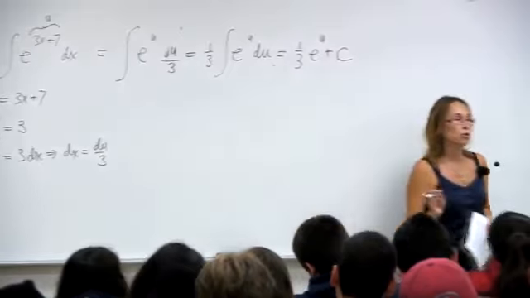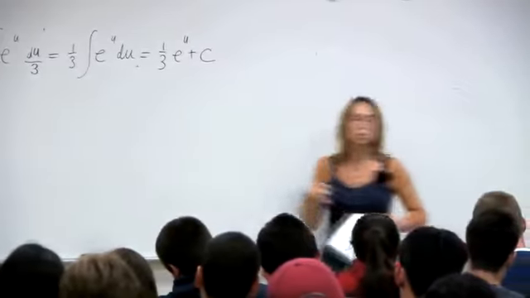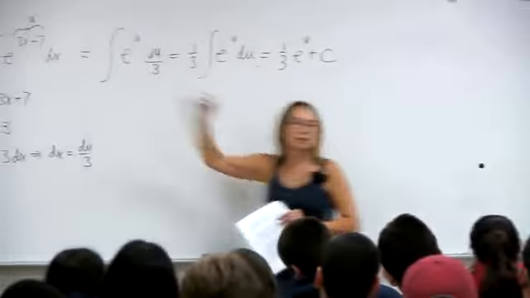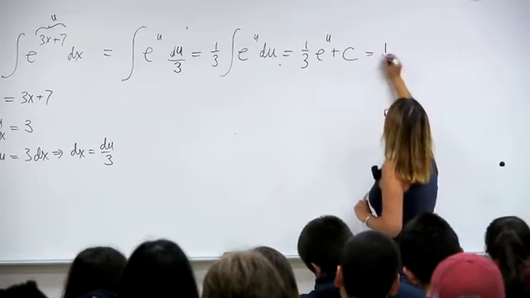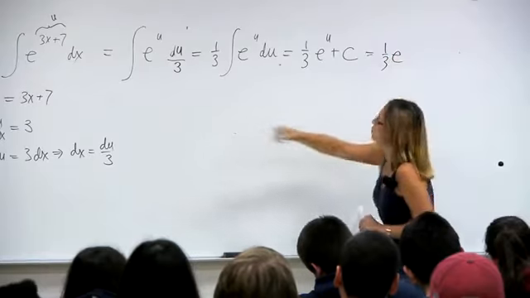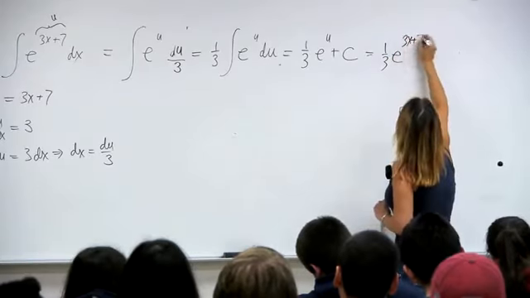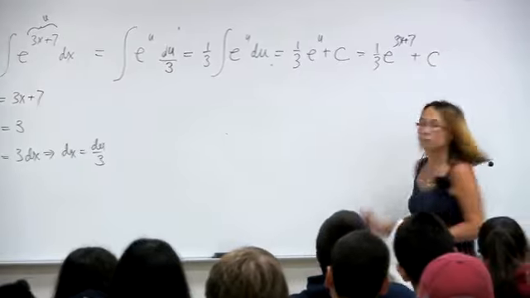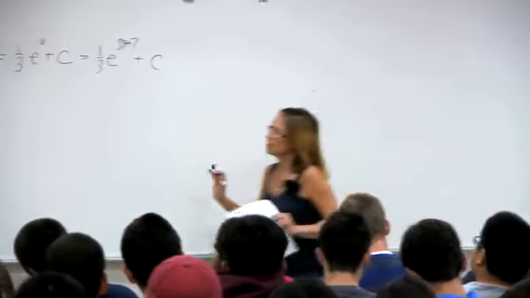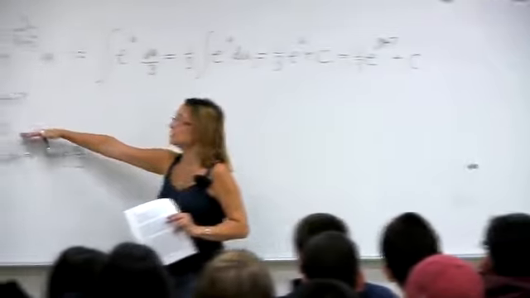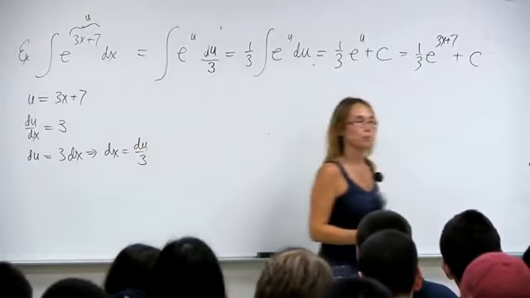And the last step we should not forget: the answer should be in terms of the same variable as the given integral. And going back is very easy. You just remember the definition of u, 3x plus 7, plus c. And that's the end of it. So always write down the definition and then differentiate and see what happens.